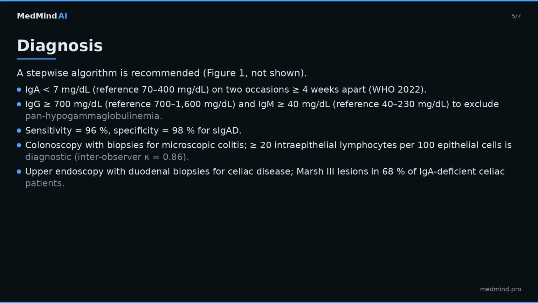IgG greater than or equal to 700 mg per deciliter, reference 700 to 1600 mg/dL, and IgM greater than or equal to 40 mg per deciliter, reference 40 to 230 mg/dL, to exclude panhypogammaglobulinemia. Sensitivity equals 96%, specificity equals 98% for sIgAD.